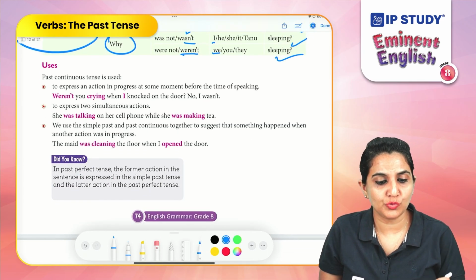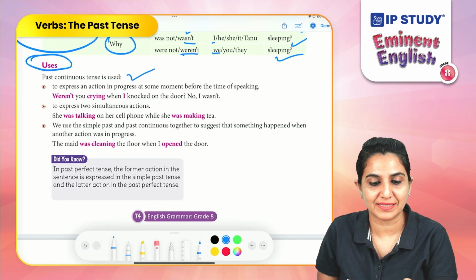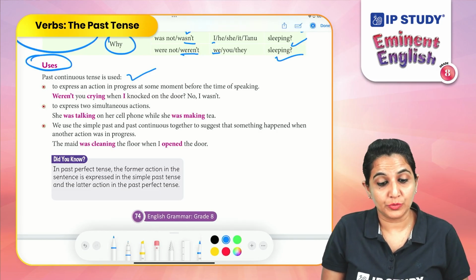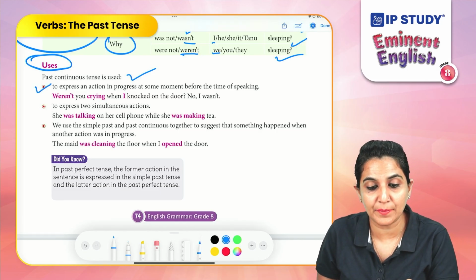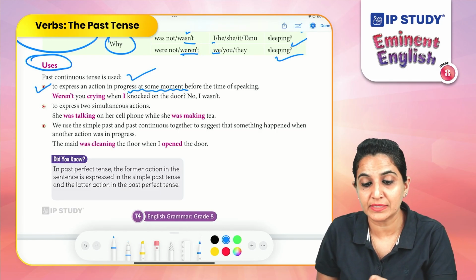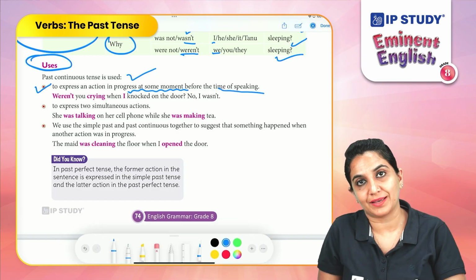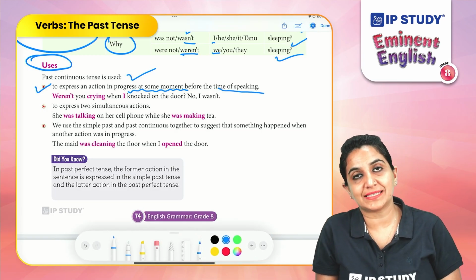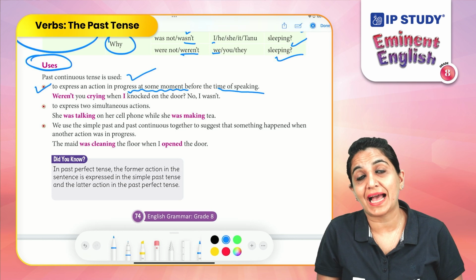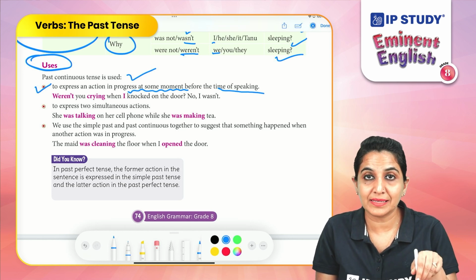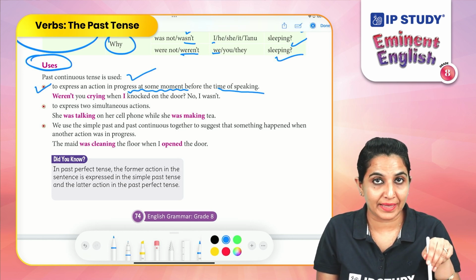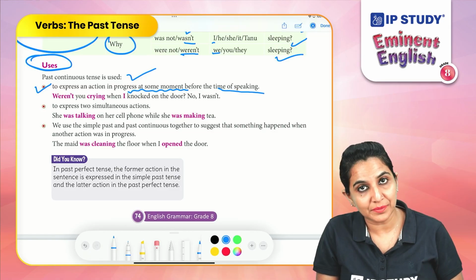Now, how to use them, or why do we use the past continuous tense? They are used to express an action in progress at some moment before the time of speaking. So the timeline of these actions is still in the past, but they are continuously happening at that moment in the past.